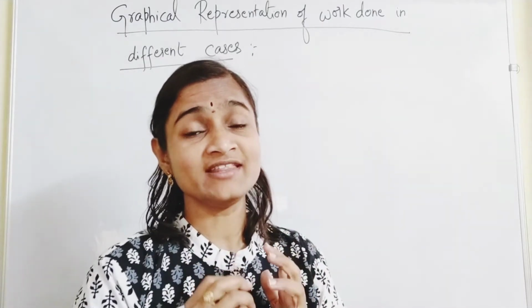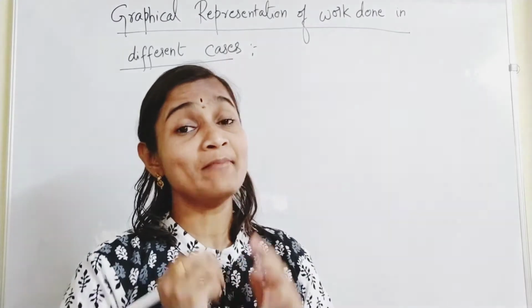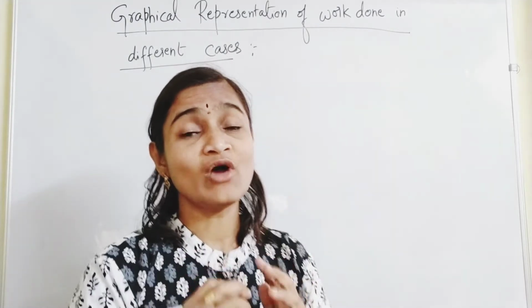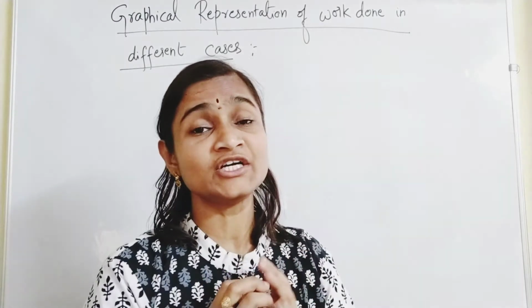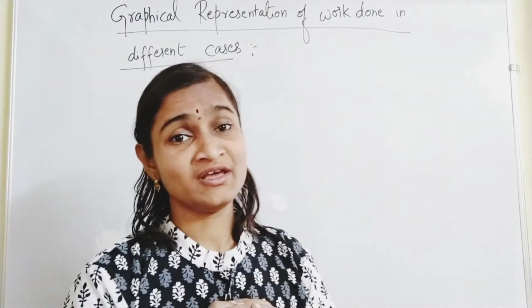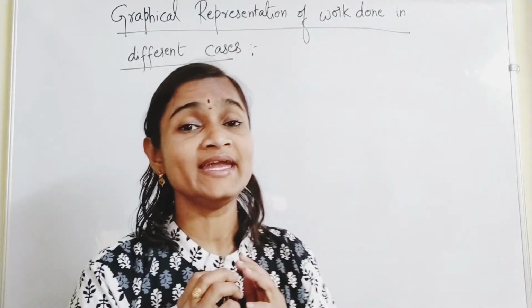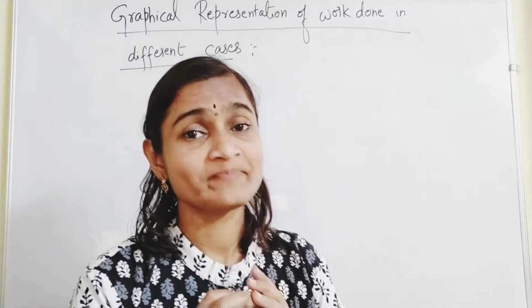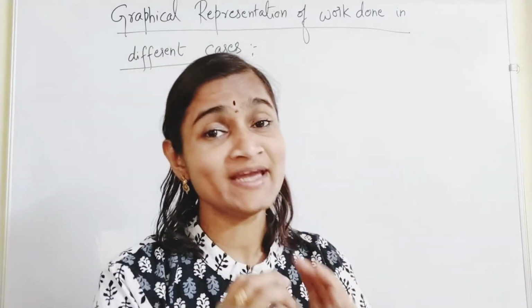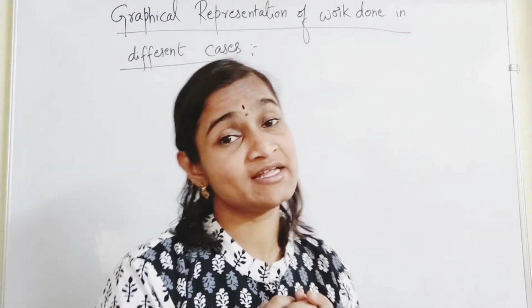How to calculate the amount of work done. We have already learnt that work done is considered to be a path function, because it totally depends on displacement, and displacement totally depends on path. It's a vector quantity.